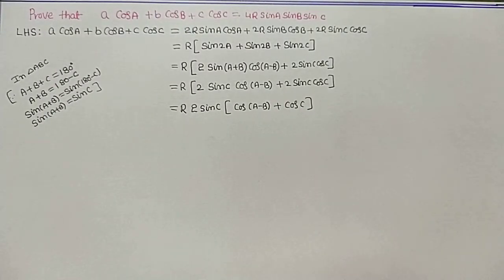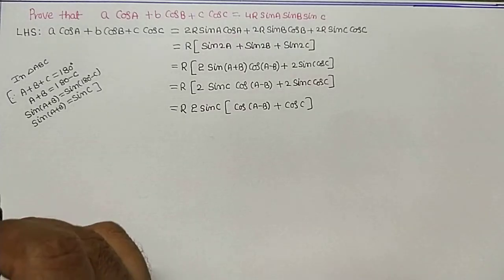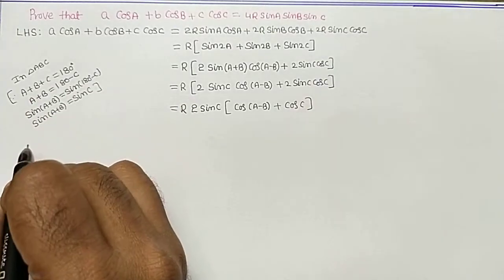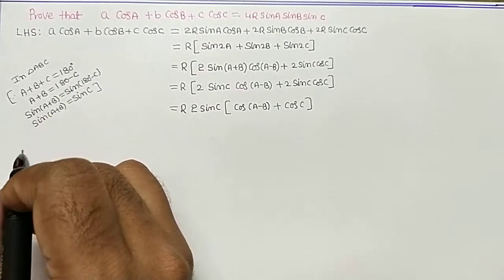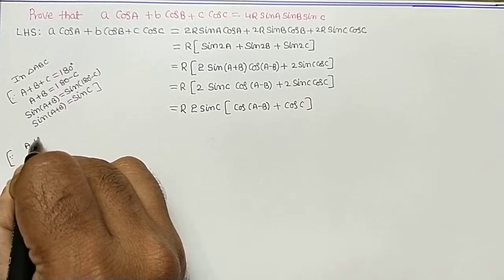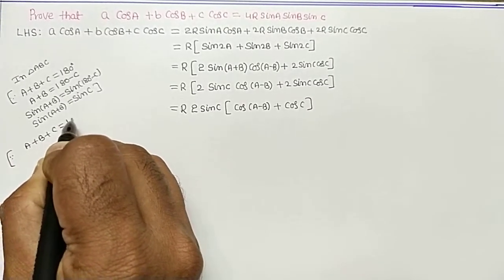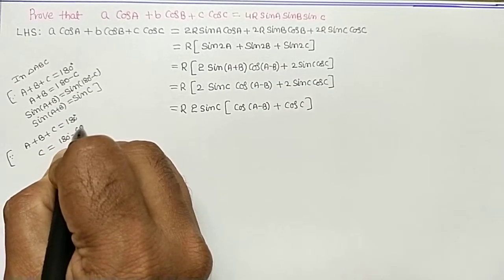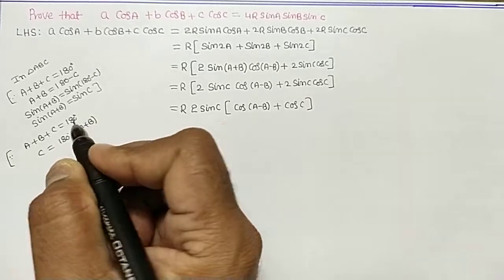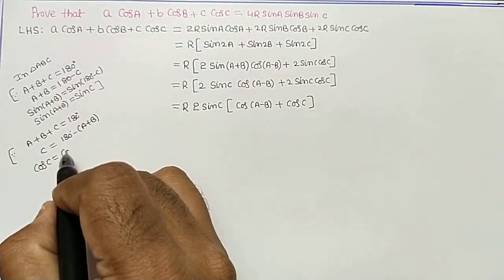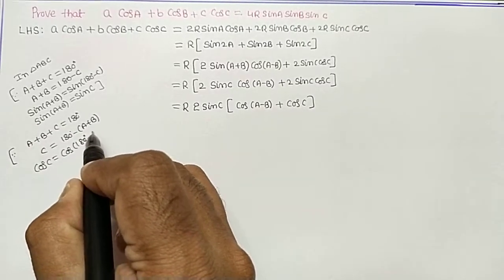After this step, cos C. Here A plus B is equal to 180 minus C, no? So from A plus B plus C equal to 180, C equal to 180 minus of A plus B. Taking cos on both sides, cos C equal to cos of 180 minus (A plus B).